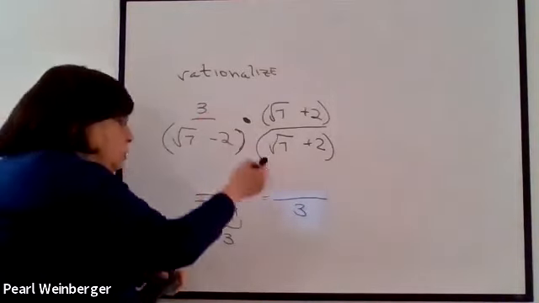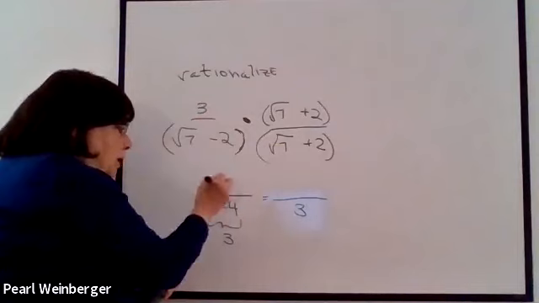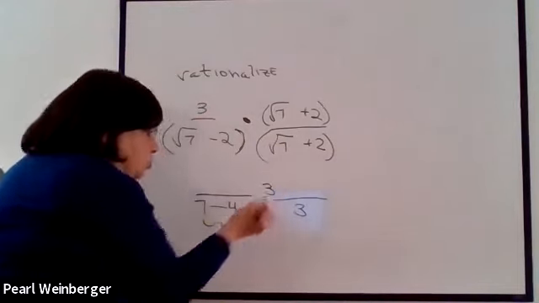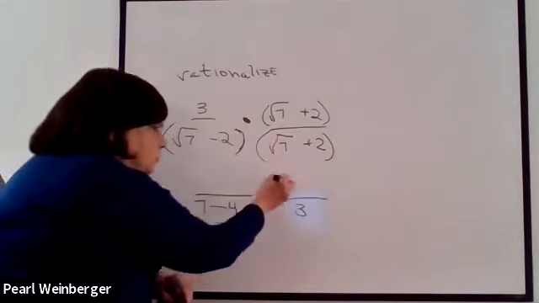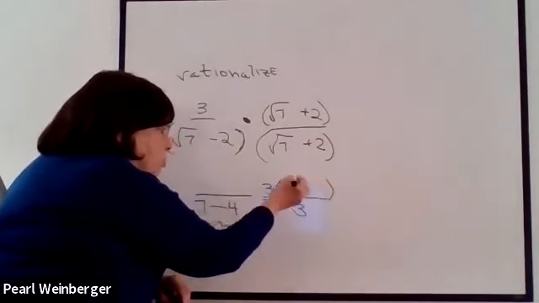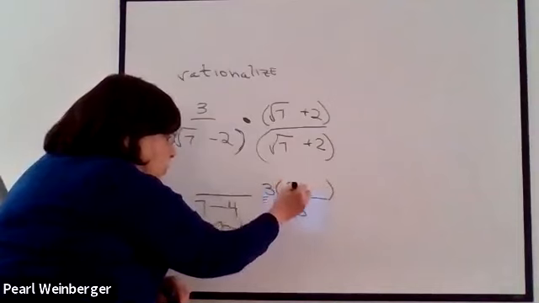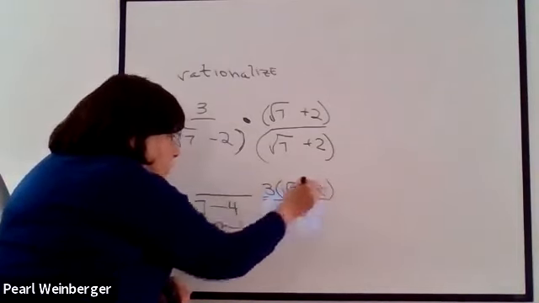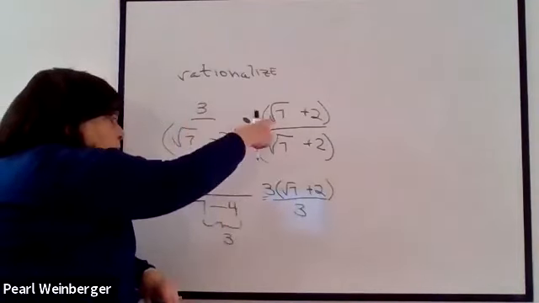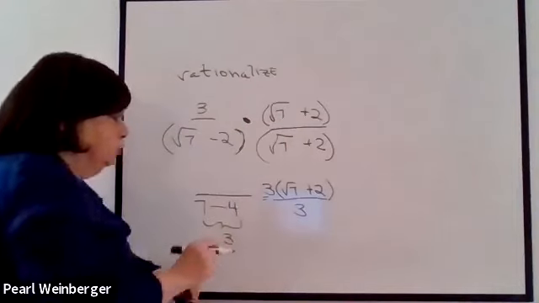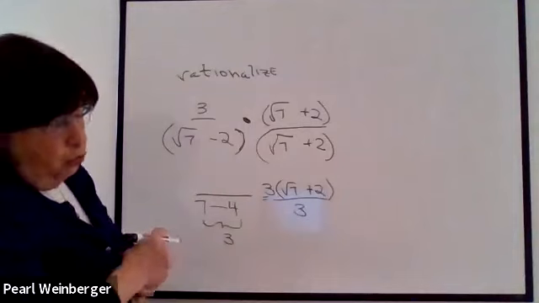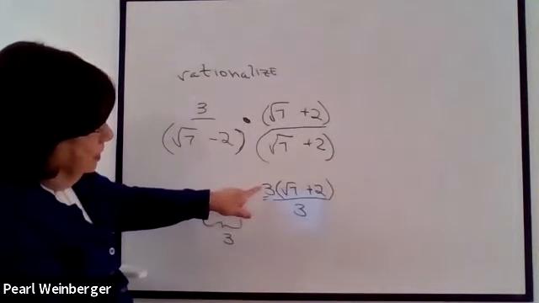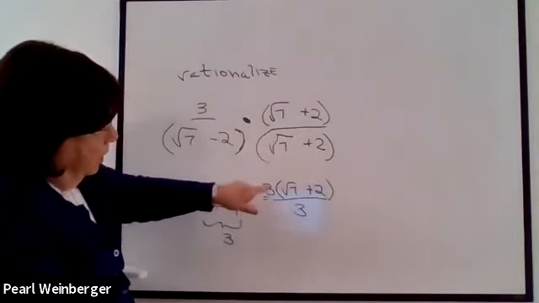So in the numerator, there are two ways of writing the answer. One way of writing the answer is just to leave it in what we call factored form. Just put a parentheses. It's 3 parentheses, radical 7 plus 2. And actually, that's a very good thing to do because now I see the top is factored.